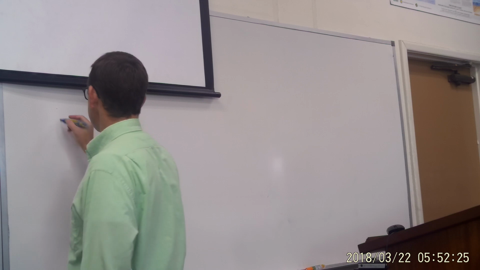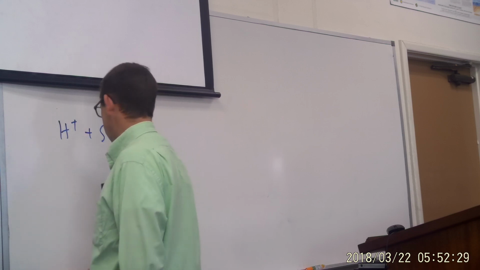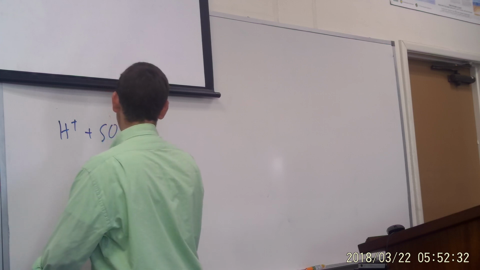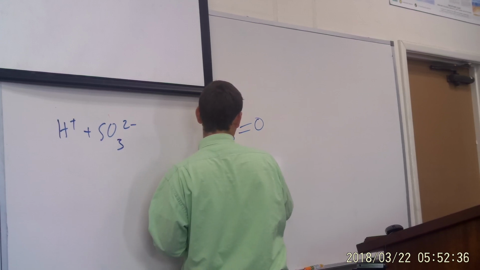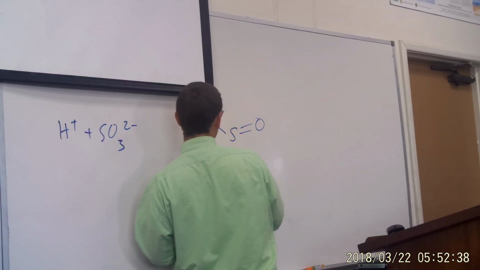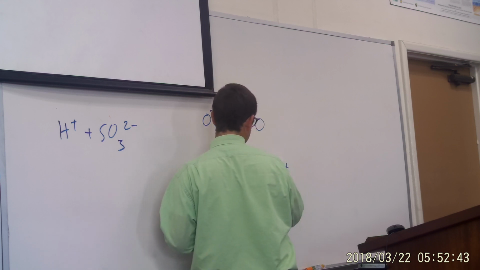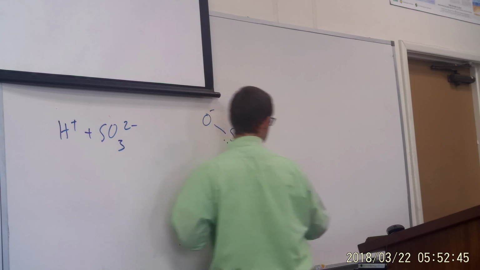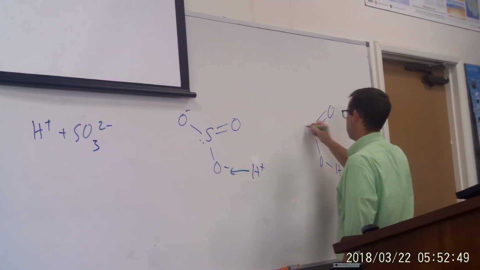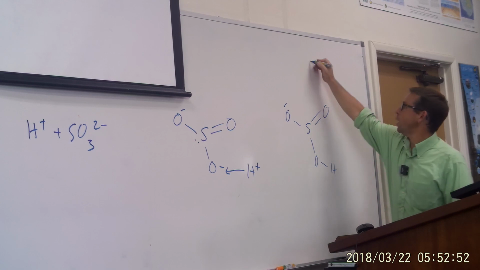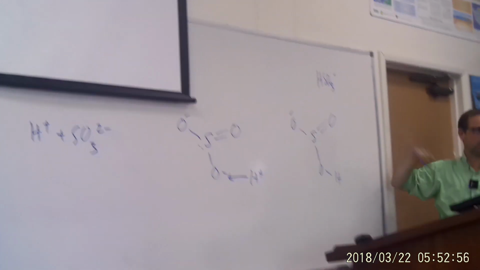Okay? And if I have this sort of a scenario where I take a proton and add it to the SO3 2- ion, what I'm doing is I'm taking the sulfur, oxygen, 2 negative charges there, and the hydrogen ion is coming on right there, resulting in the HSO3- ion, the bisulfite ion.